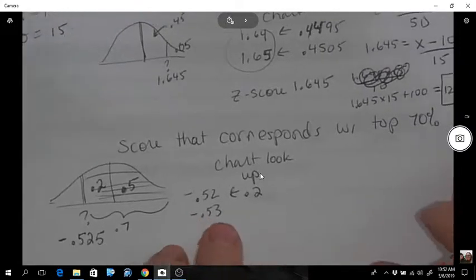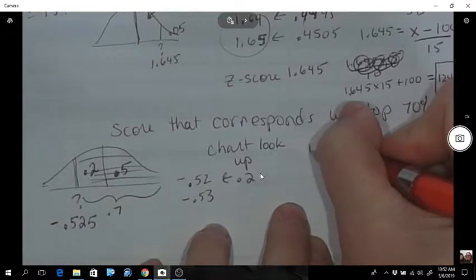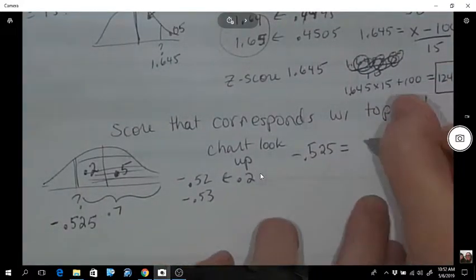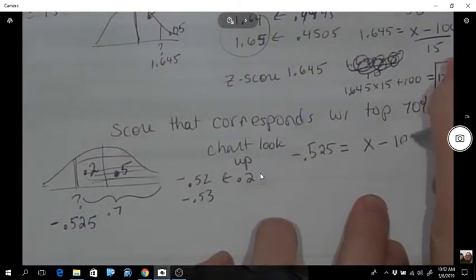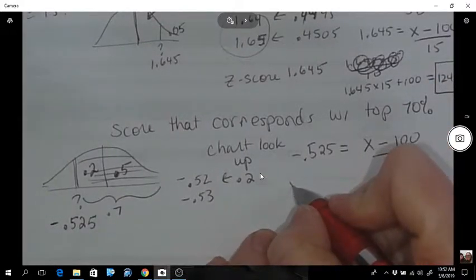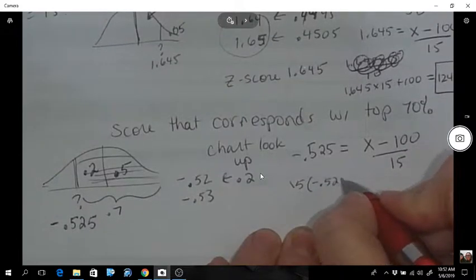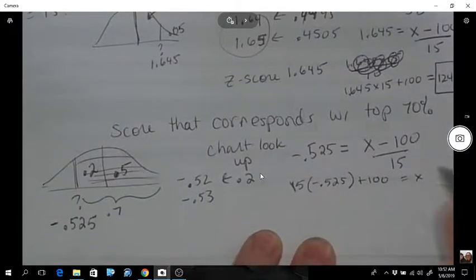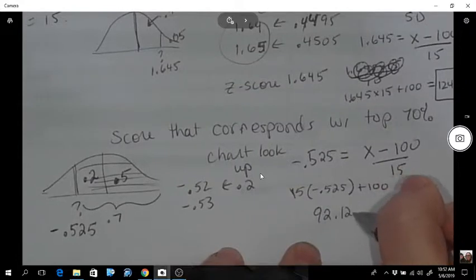Because this is not a standard, I'm going to go my z-score equals my x-score, subtract the mean, divided by the standard deviation. So again, I'm going to do 15 times my z-score, and then I will add 100 in my algebra. Okay, and that comes out to a score of 92.125.